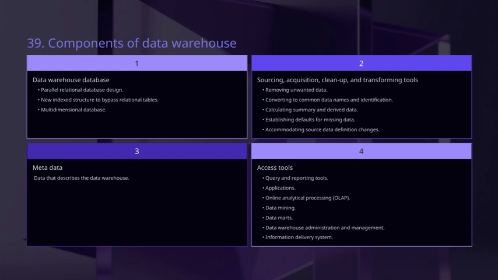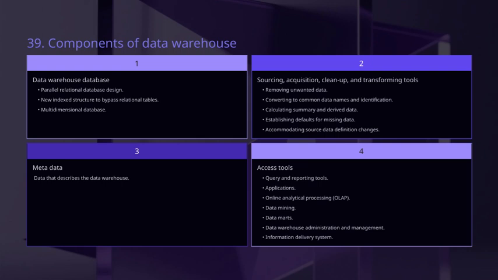Moving on, the data that describes the data warehouse itself is called metadata. Metadata is essential because it provides context, helping users and systems understand the structure, content, and rules associated with the data. Finally, the core of the data warehouse is the database itself.